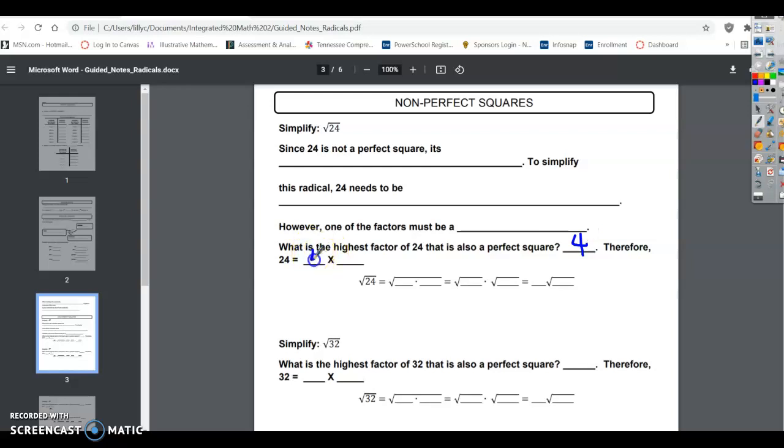Therefore, 4 times 6 is what you're rewriting 24 as. So 24 is 4 times 6, and 4 is the same as 2 squared. 6 is not a perfect square, so it's just going to be 6. So the square root of 2 squared is going to be 2 times the square root of 6.